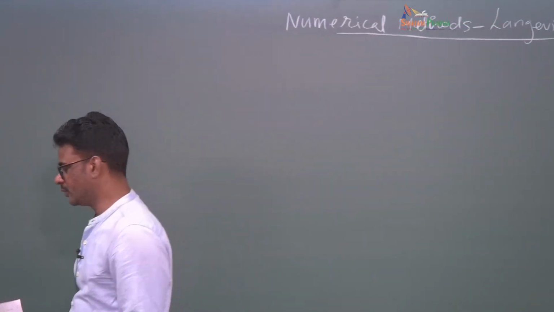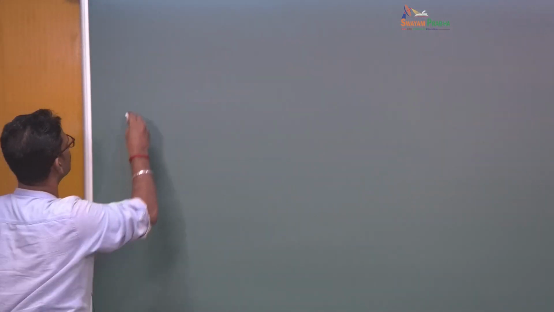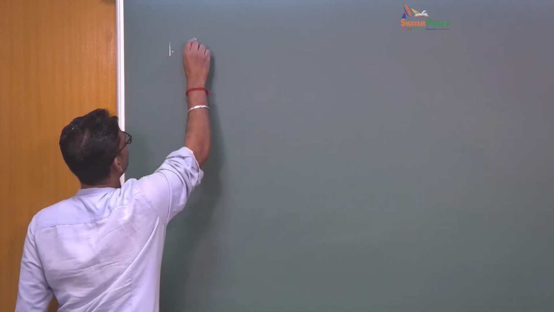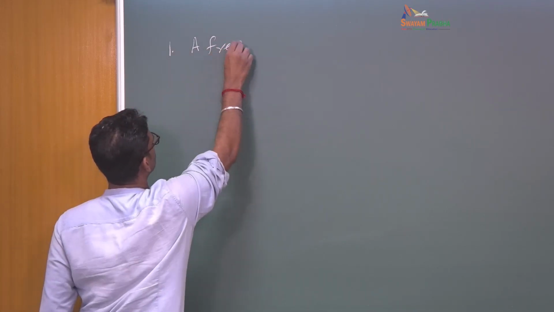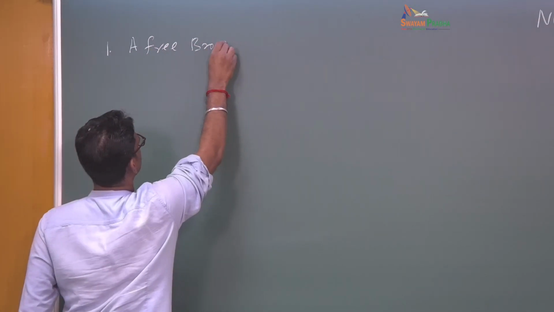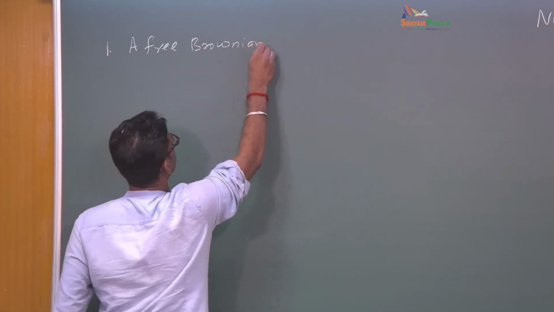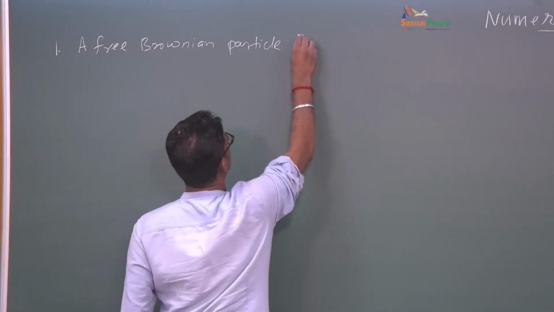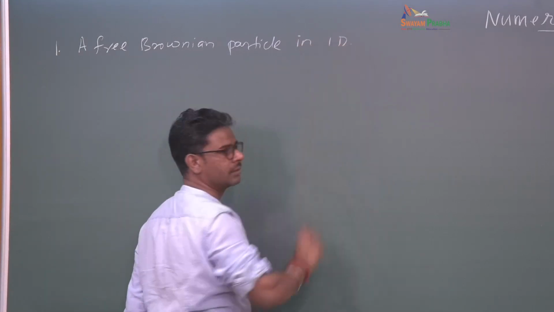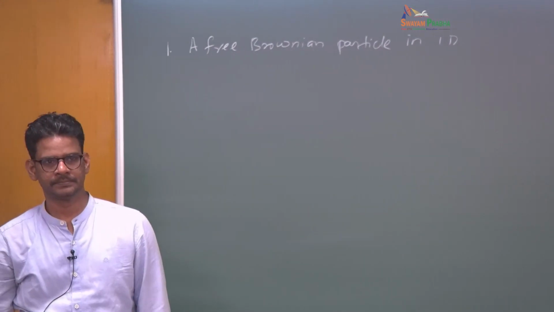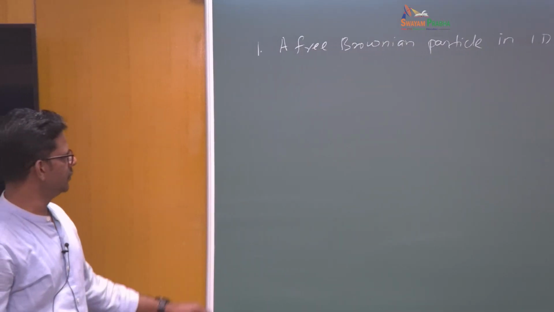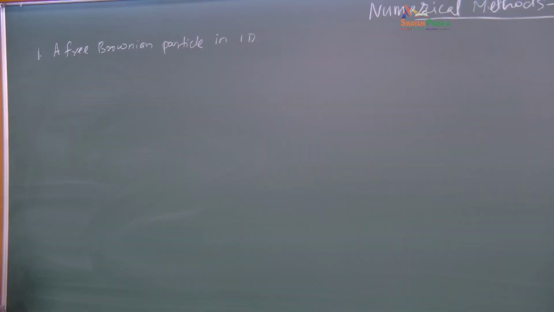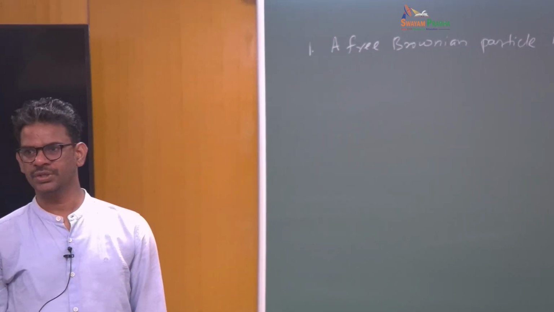The first example I want to talk about is a very simple Brownian particle, a free Brownian particle in 1D. We do this because we know the analytical solution for this. When we construct a numerical algorithm, we can test the numerical accuracy and predictions against the analytical results.